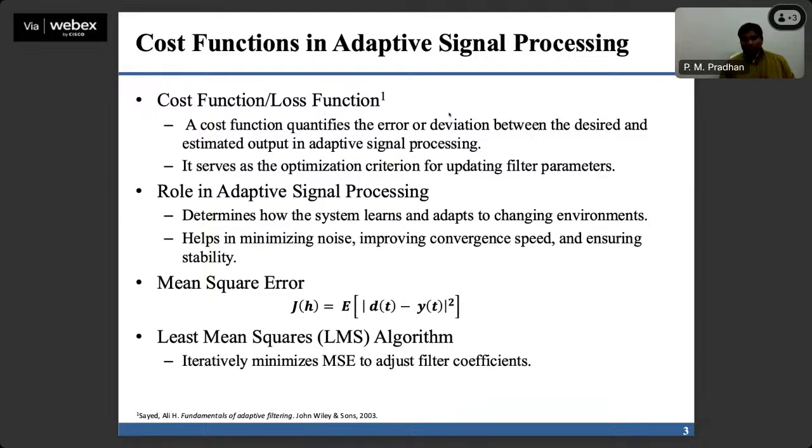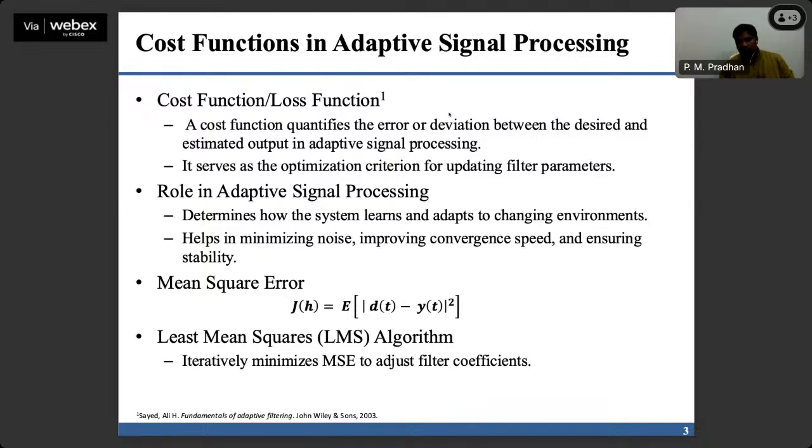And expectation is because when you start any adaptive filtering process, you start from certain random weights. So it's not necessary that the initial weight that you assign to the adaptive filter is very close to the optimum solution or very far away from the optimum solution. Every time you generate the initial weights, it could be any value.